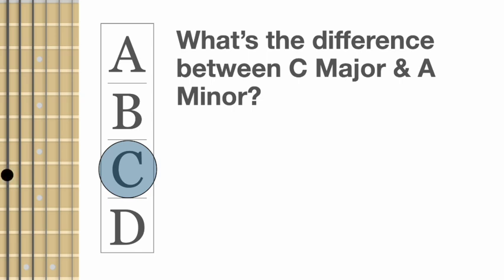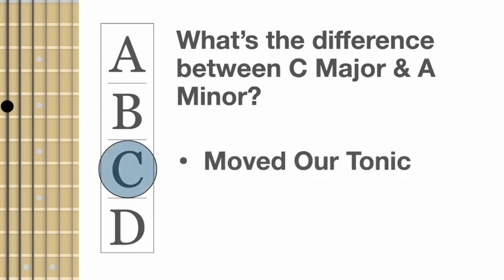And we immediately go, well, I'm going to move to A. Okay, well, we've moved our tonic. Not always great when we're doing a comparison. And then, not only did we move our tonic, but we are now comparing a major mode to a minor mode, and we're trying to learn modes.